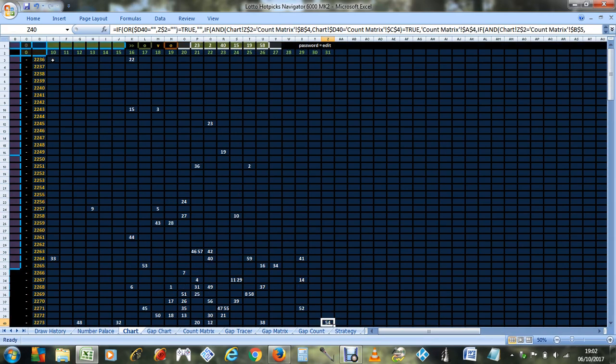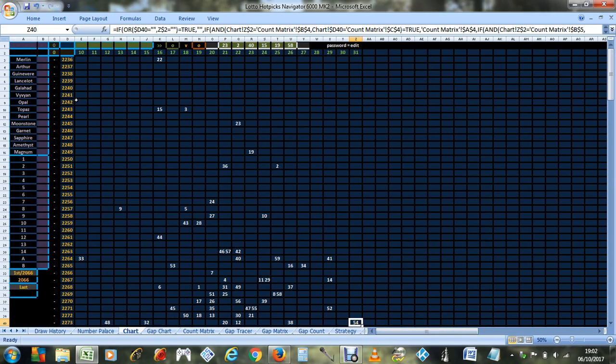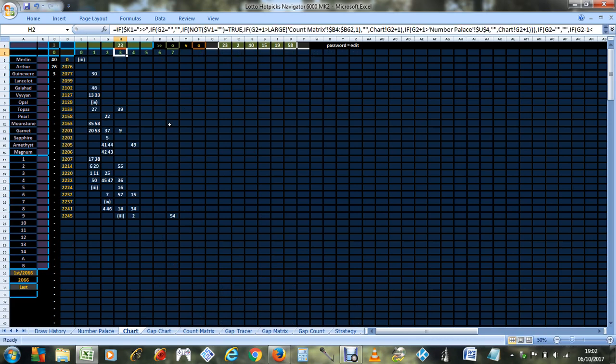I've made it automatic. So now all I have to do is look at the chart, specify what machines I want to look at, what sets of balls, what individual numbers, and an entire day's work is done at the push of one button.